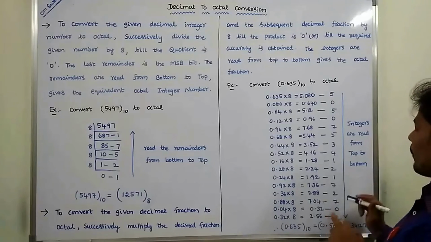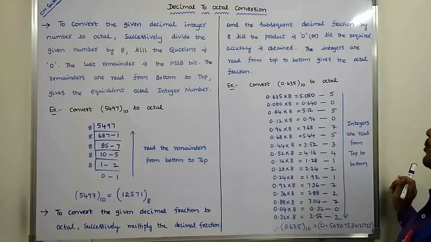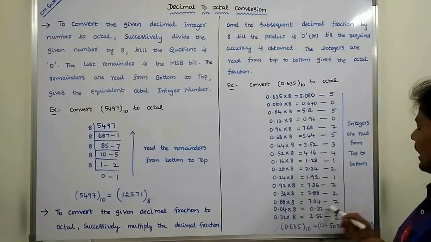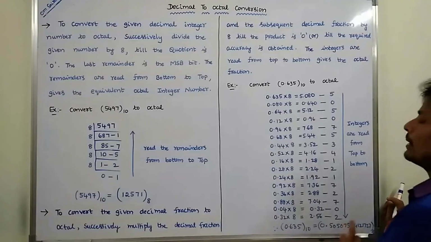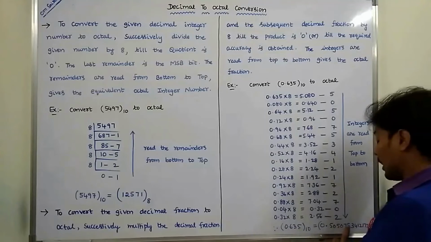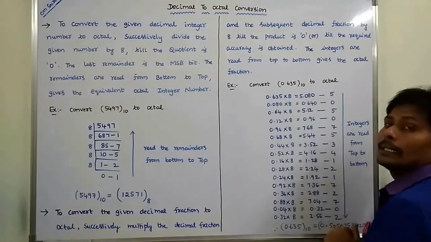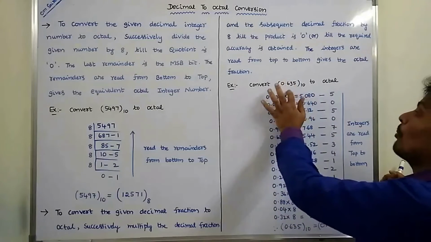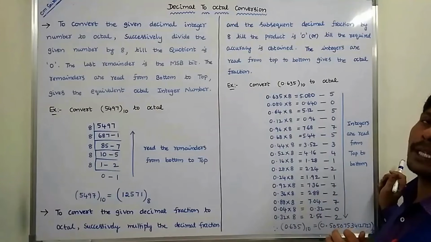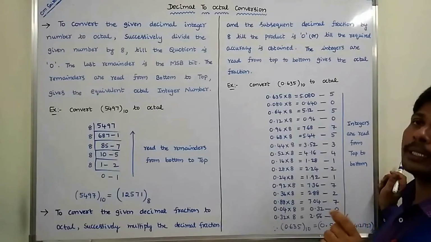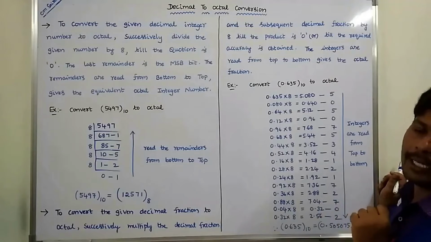So now we have to stop this procedure, then read the integers from top to bottom, and then we are getting the equivalent octal fraction number for the given decimal fraction number. In this way, we have to solve this problem by using the successive multiplication by 8 method until the fraction part contains the 0 value or the required accuracy is obtained.